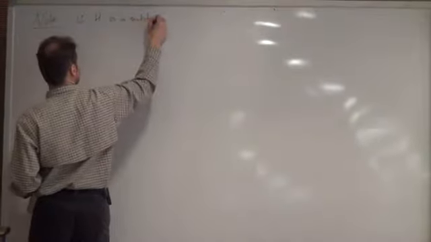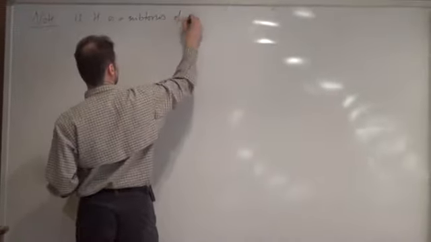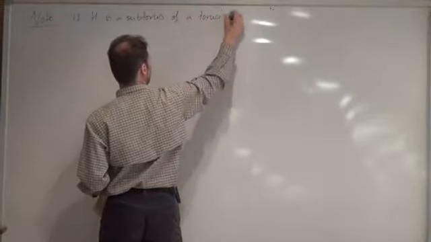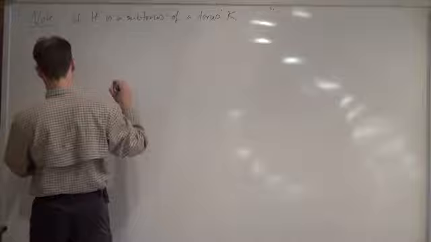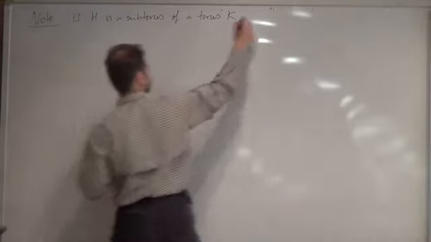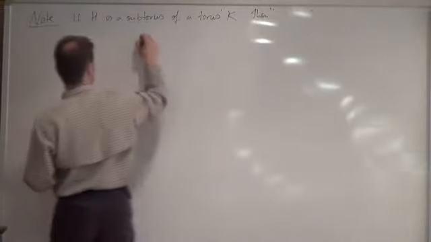One more thing. If H is a subtorus of a torus K, then we have a short exact sequence.